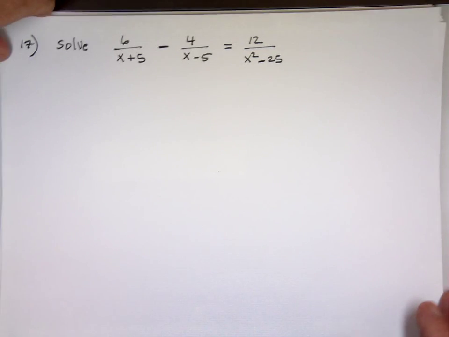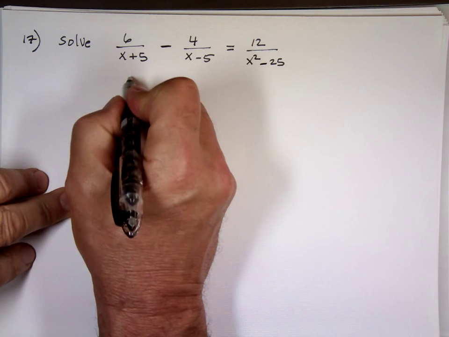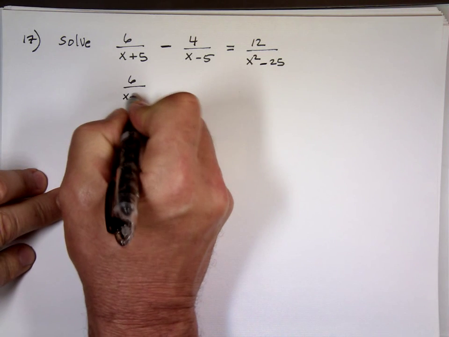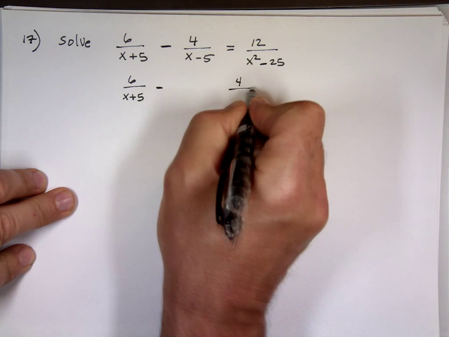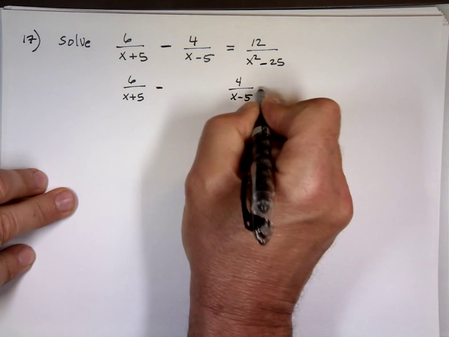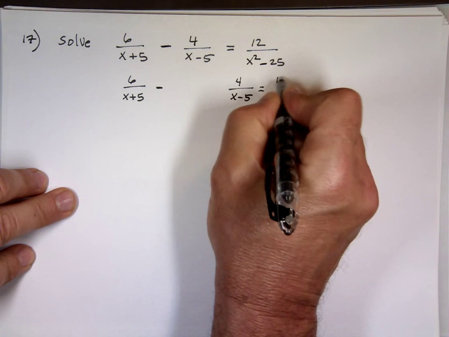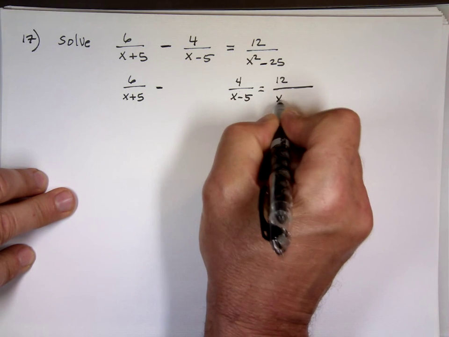If I factor this, I'm leaving a space intentionally here. If I factor that, that's x minus 5, x plus 5.